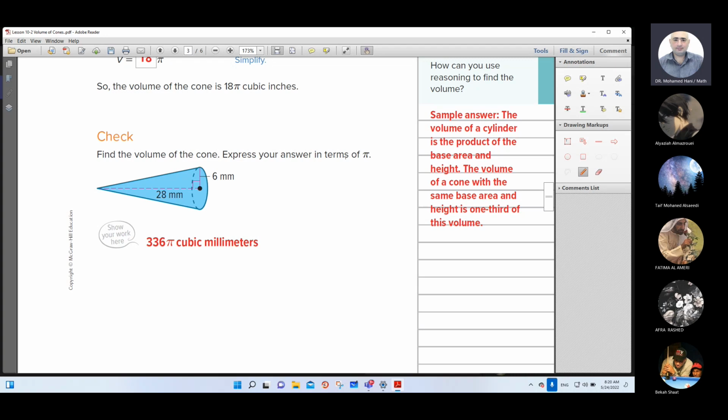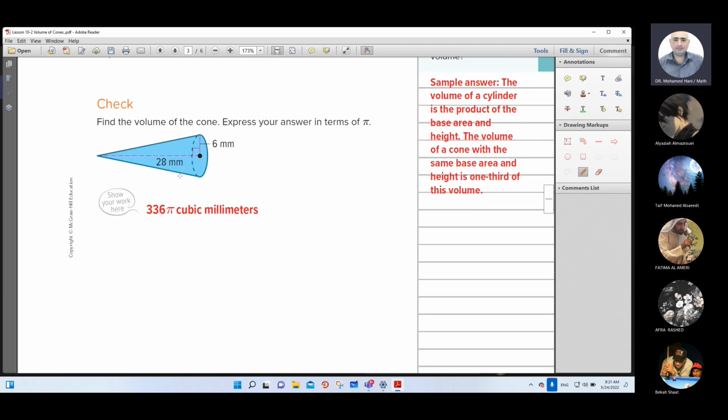Listen to this example. As you see here, we have a cone. This is the circle. This is the radius. So the radius will be 6 millimeters and the height will be 28 millimeters. How to find the volume?